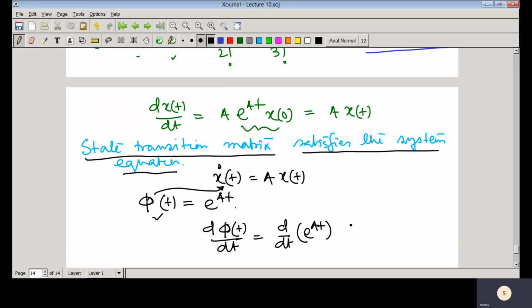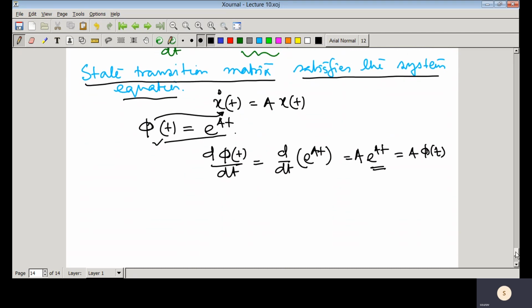and that equals A e to the power At. And this e to the power At is what? A phi(t), because we have denoted phi(t) = e to the power At.